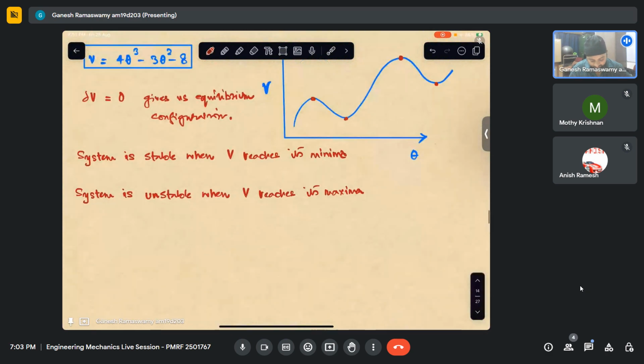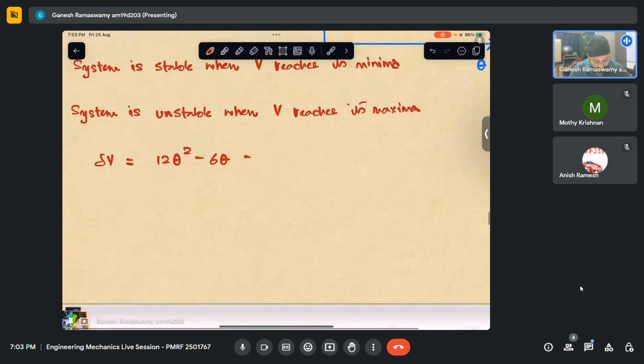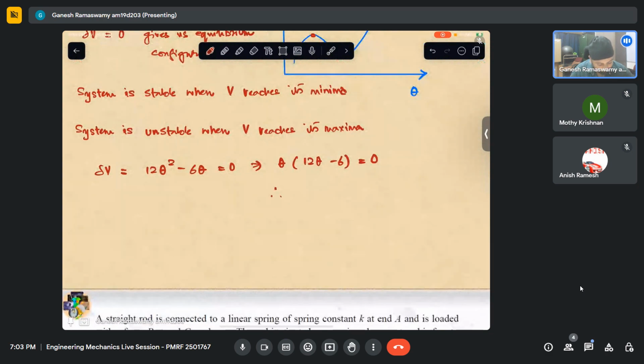So delta V is given by 12 theta squared minus 6 theta. From here I have to equate this to 0 to get the stationary points. What will this give me? Theta into 12 theta minus 6 equals 0. So therefore theta is either 0 or theta is half.